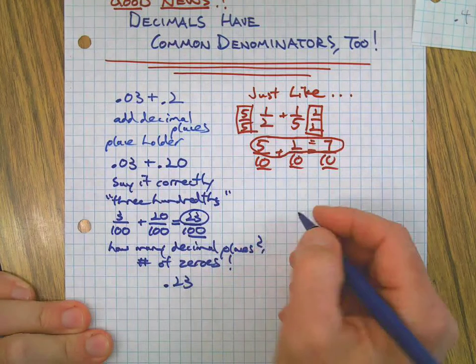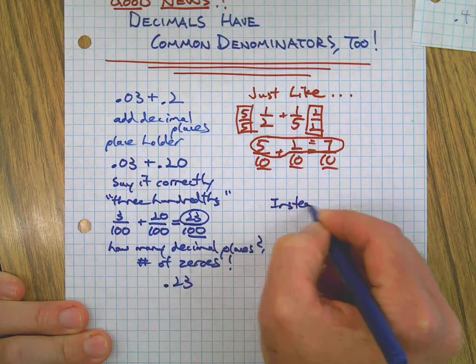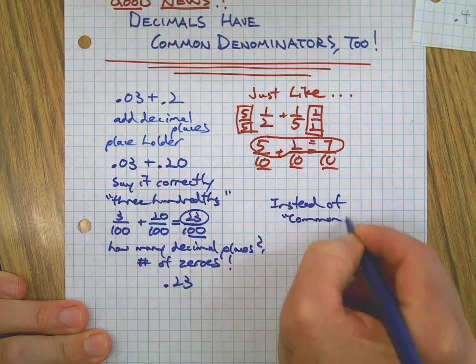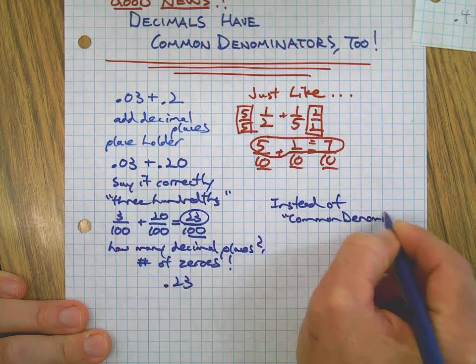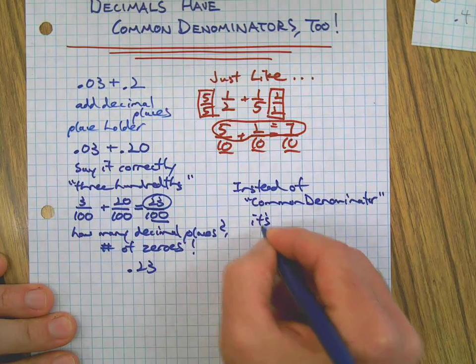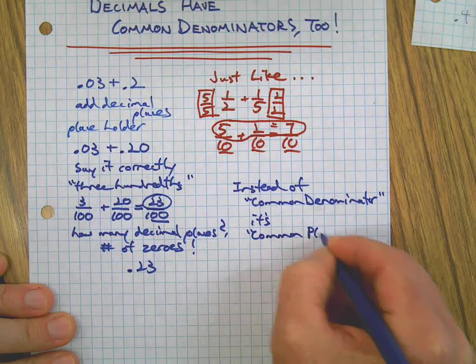Okay? So instead of a common denominator with a fraction, it's really a common decimal place. Common place value.